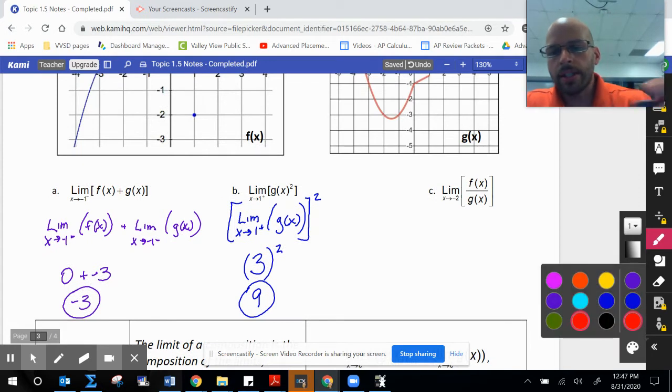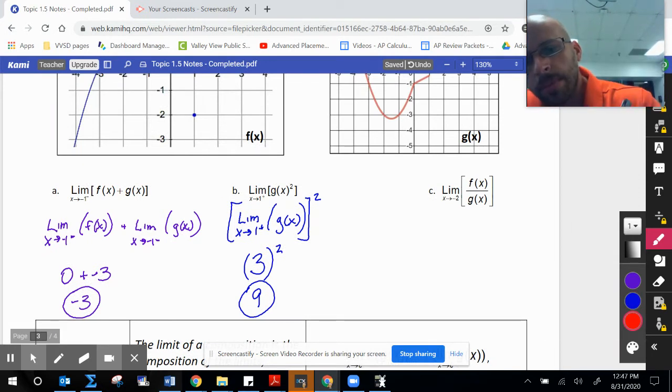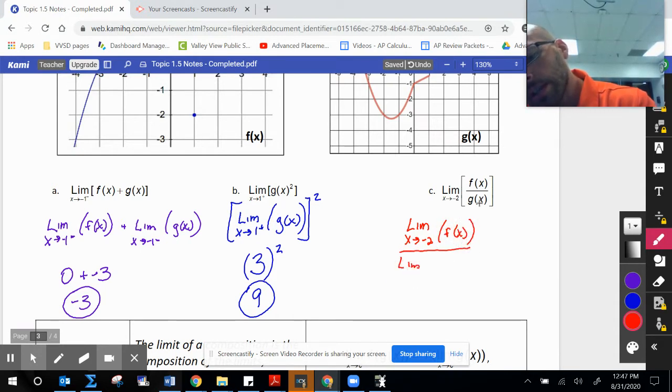And then part C, I have a quotient. So we talked about this. AP is kind of strict on their quotients. I want the limit as x approaches -2 of f of x all over the limit as x approaches -2 of g of x.